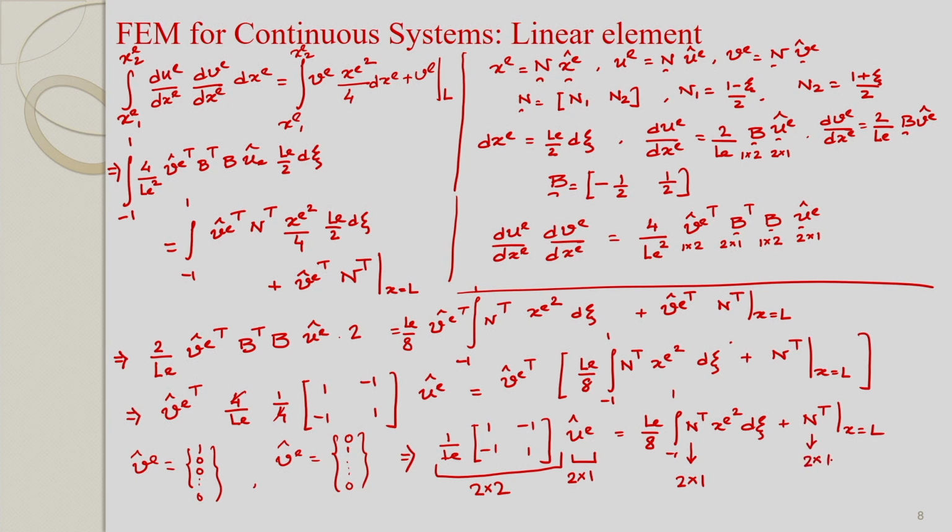So, we have a system of KE UE hat equals FE. So, this is 2 cross 2, 2 cross 1, 2 cross 1. This KE is called element stiffness matrix, this FE is called element load vector.